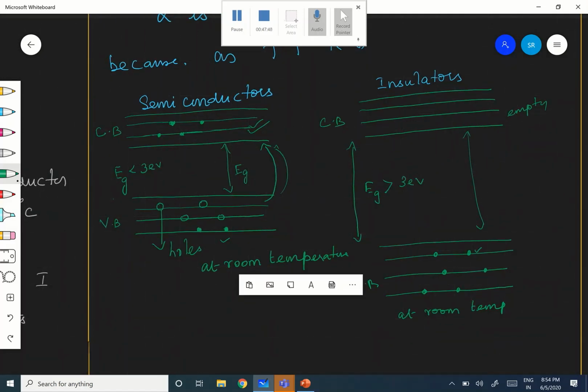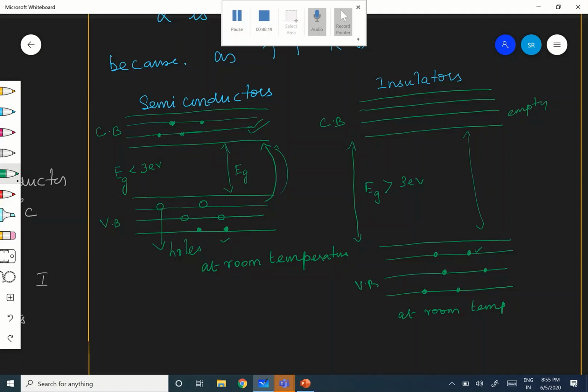If you increase the temperature, what will happen? The electrons get more thermal energy as you increase the temperature, so there is a possibility of more electrons jumping from the valence band to the conduction band. Therefore more electrons will be available in the conduction band, and electrons in the conduction band are the only ones meant for conduction in the case of semiconductors and insulators.